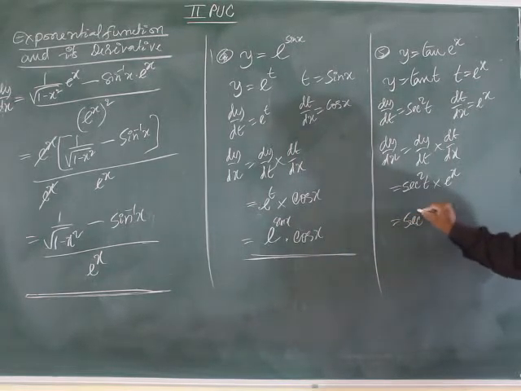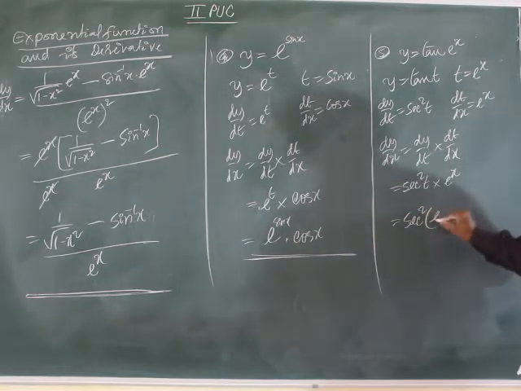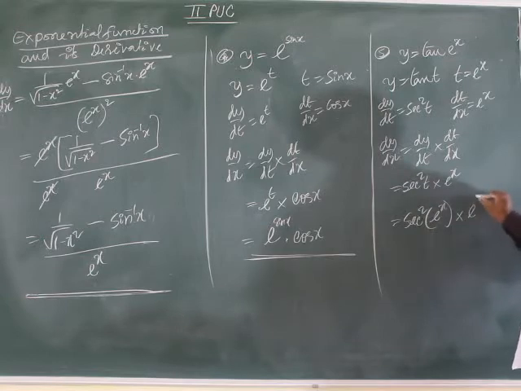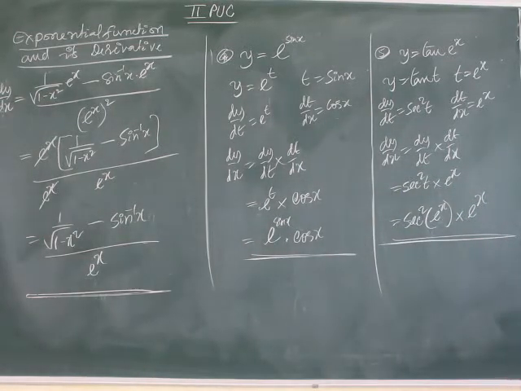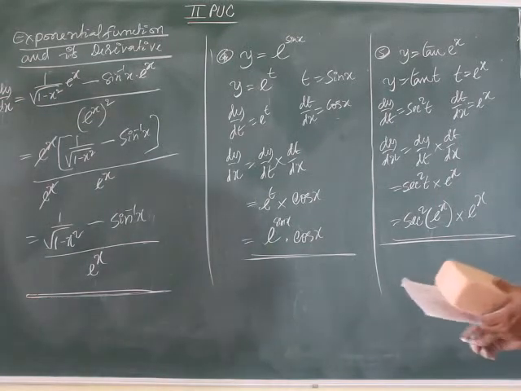Final answer: secant square of e to the power x, into e to the power x. Right? Using the chain rule you can find this.